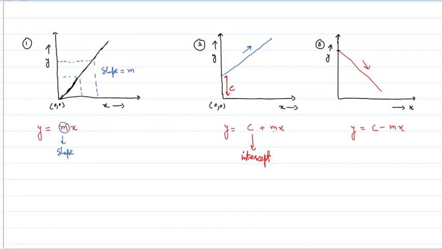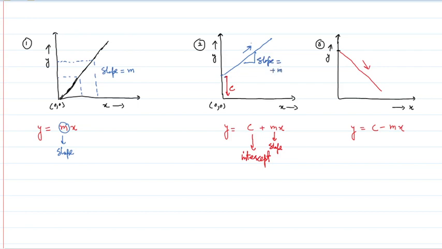Okay, m will be simply again the slope, because we are plotting y with respect to x value, so y with respect to x here. But remember here this slope is plus m, that means it is a positive slope.